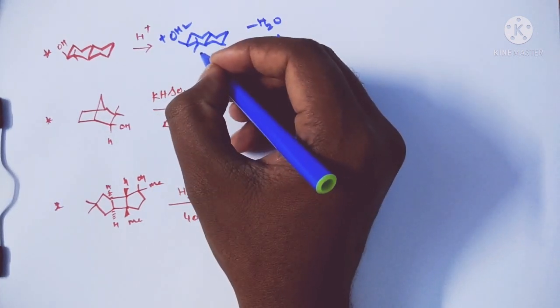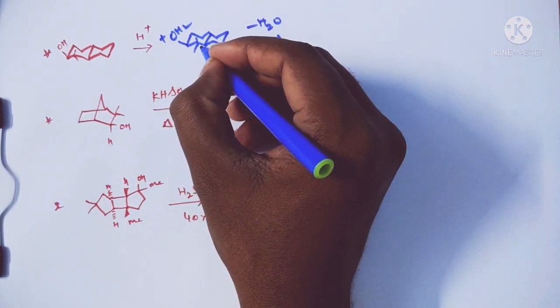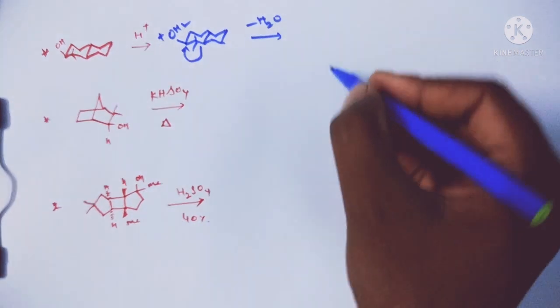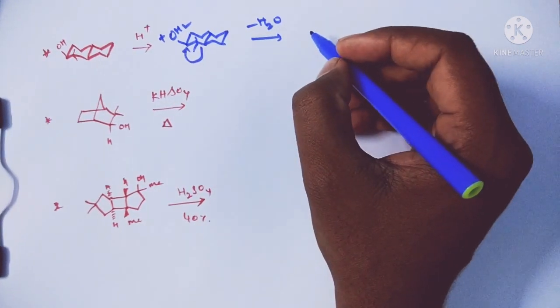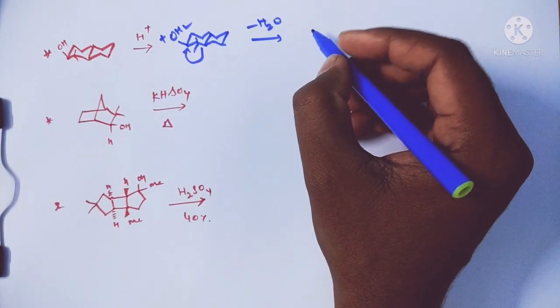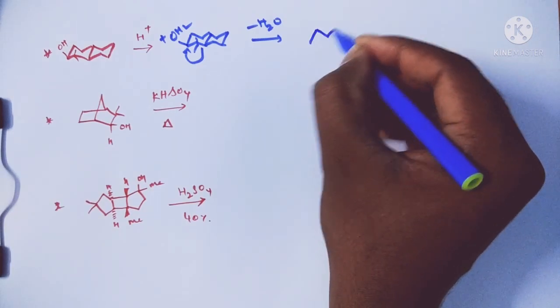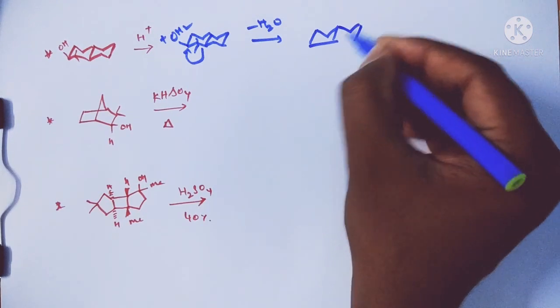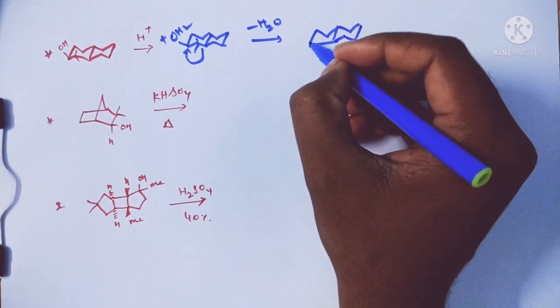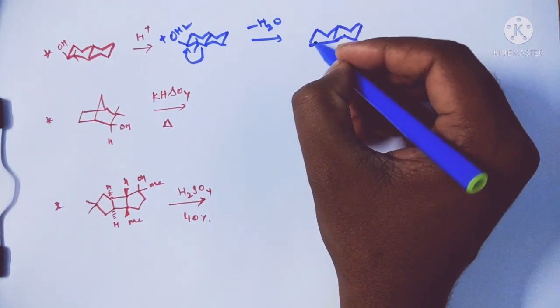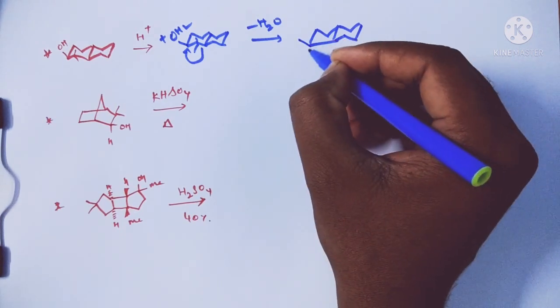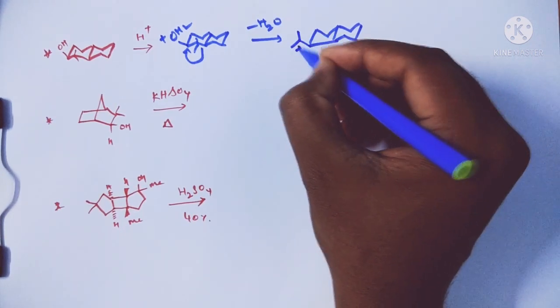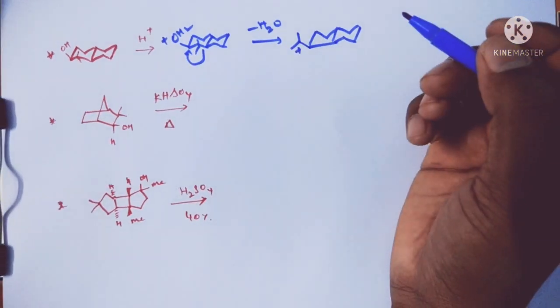At the same time, we get the migration of carbon, so we get a tertiary carbocation.